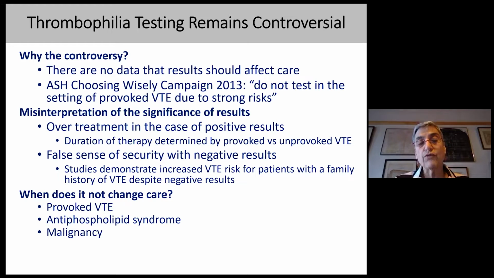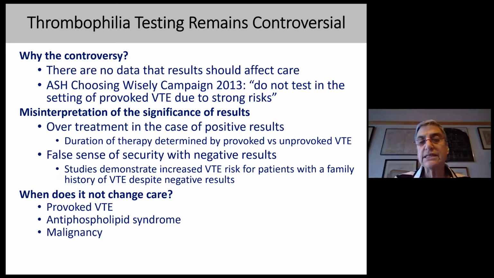And it's been shown over and over that the risk of recurrent VTE in someone with an unprovoked venous thrombotic event is not affected by whether or not they have a hypercoagulable state. So if you have a provoked VTE, it doesn't change. The exception is antiphospholipid antibody syndrome, which is almost always worth identifying, because people who are triple positive for the antiphospholipid syndrome, i.e. they have a lupus anticoagulant and positive antibodies, should have long-term anticoagulation because their risk for recurrent thrombosis is very high.